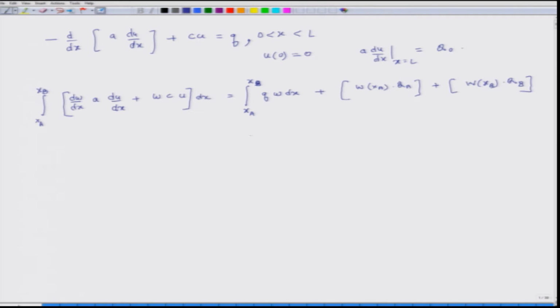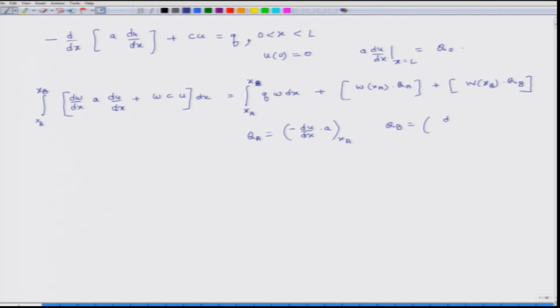We had defined qa equals minus du over dx times a, this entire thing evaluated at xa, and qb does not have this negative sign.